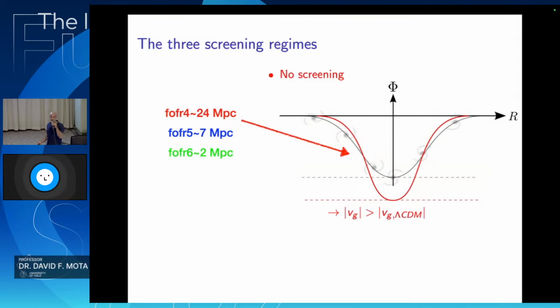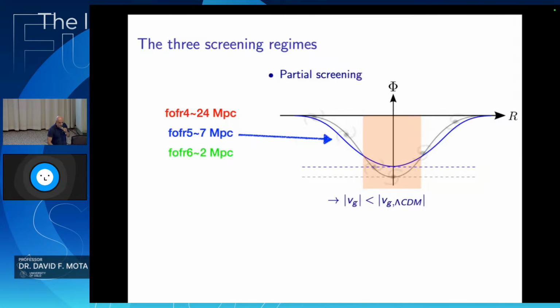Now F of R4, on the other hand, is a very strong modification to gravity because the range is very large and it's not screened in these galaxy clusters. So we have very strong deviations from general relativity, the potential well becomes very deep, and we have a much larger gravitational redshift effect than in general relativity.